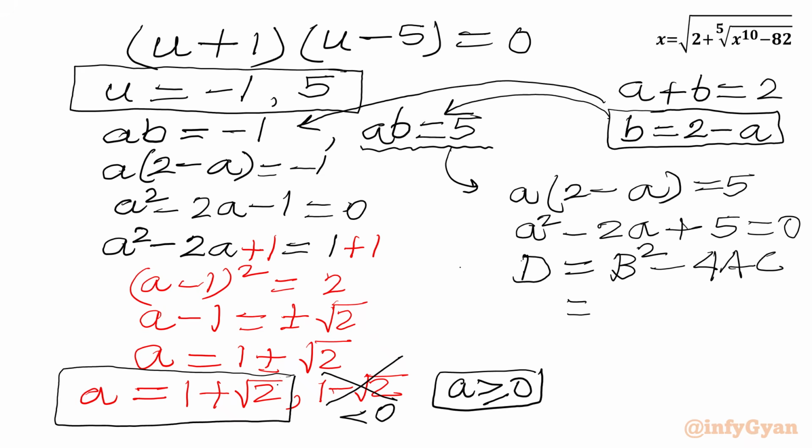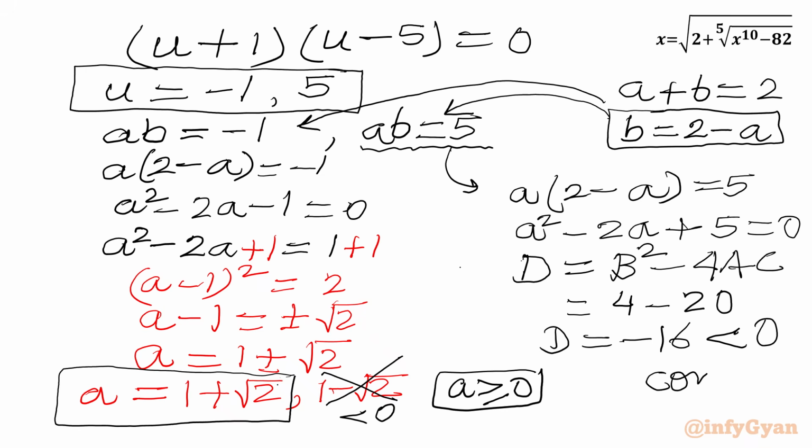Here b is minus 2. Minus 2 square is 4, minus 4 times 1 times 5 is 20. So we have discriminant negative 16. Once the discriminant is negative, we are going to get complex solutions. So we can reject ab equal to 5 as we are looking for real solutions.